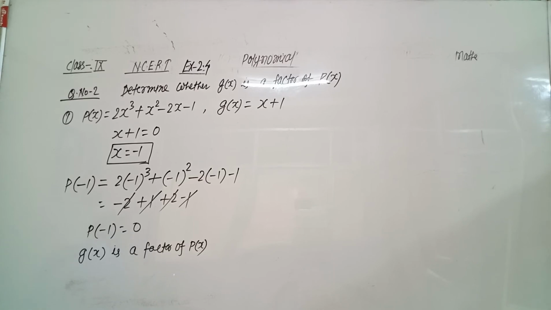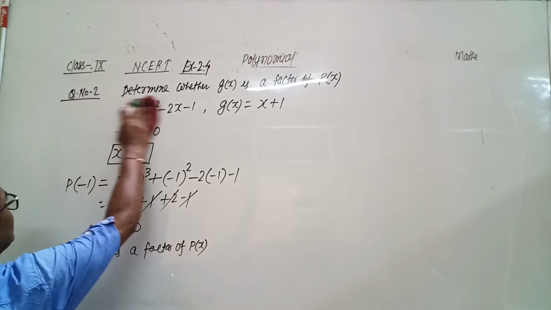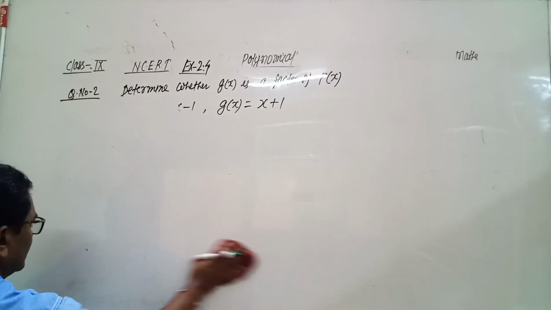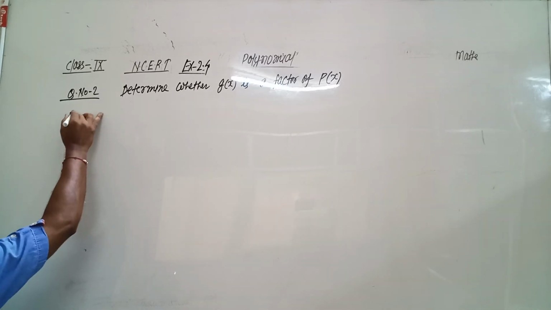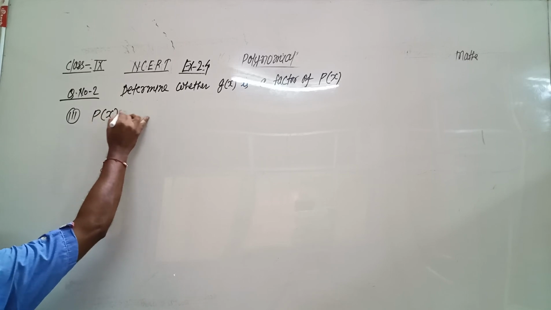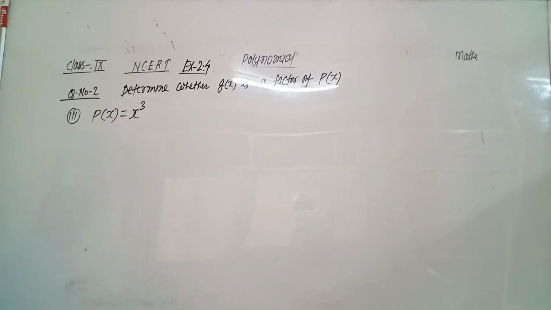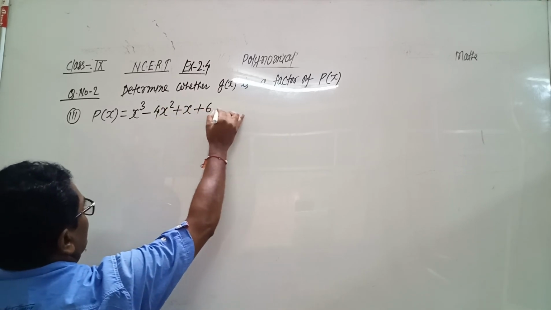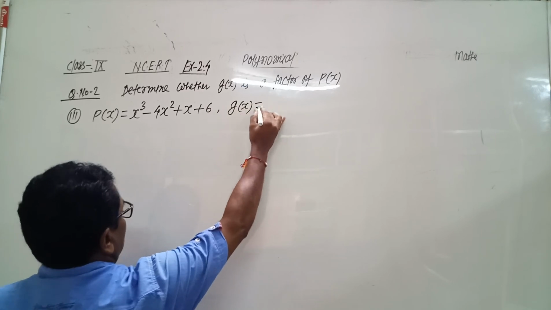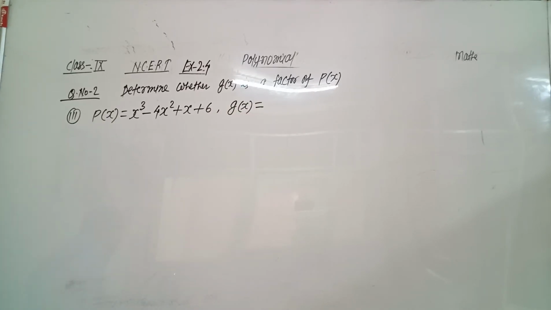Similarly, the third part is p(x) equals to x cube minus 4x square plus x plus 6, and the expression g(x) equals to x minus 3.